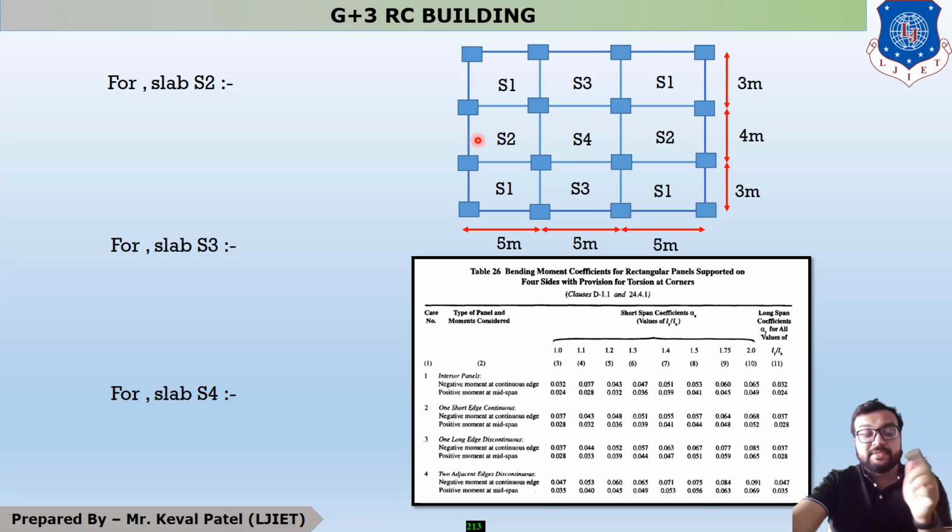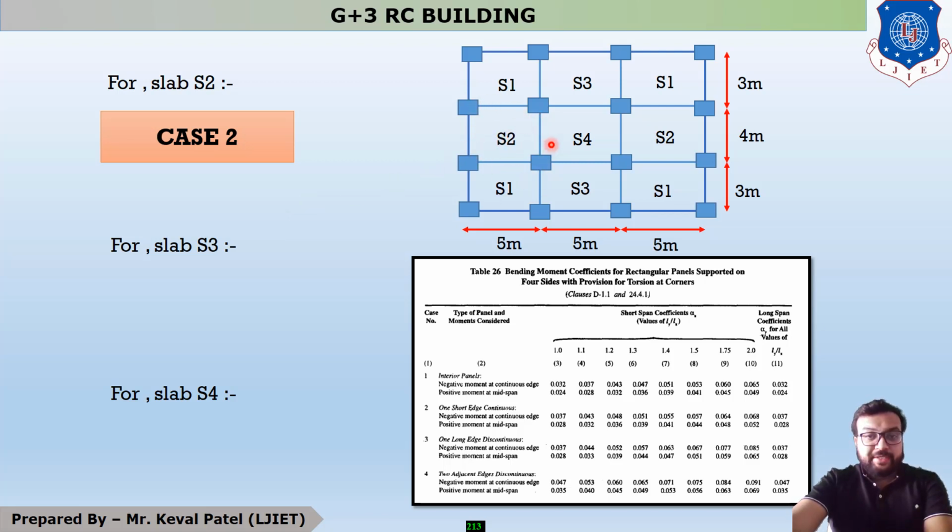It is also called one short edge discontinuous, because your reinforcement is discontinuous over here but continuous over here. And in the longer dimension your reinforcement is continuous on both faces. It means for slab S2 you have to prefer case number 2.